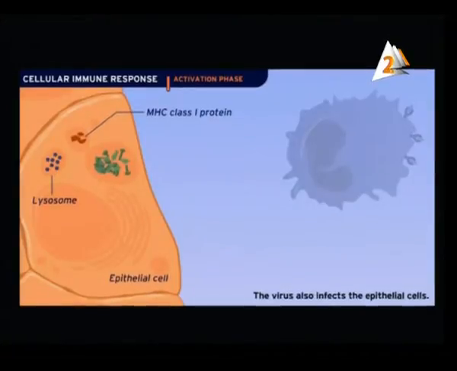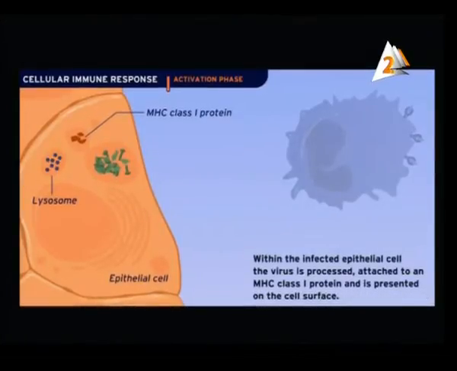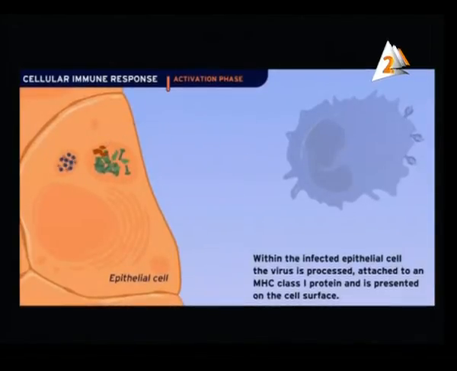The helper lymphocyte Th is activated by binding, with the help of its receptor CD4 present on its membrane, to the antigen-MHC2 complex present on the surface of the macrophage.